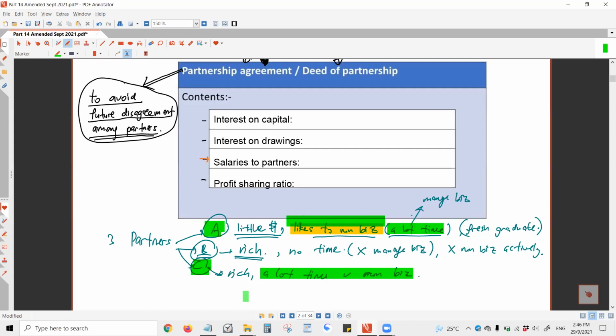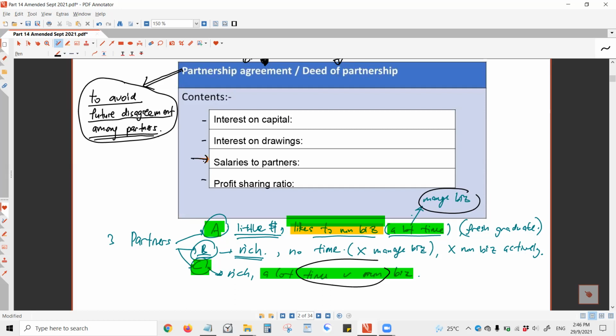So when you are a partner, and at the same time you have a lot of time to run the business, don't you think you should get extra reward because you spend a lot of time running the partnership business? That's why we have salaries to partners.